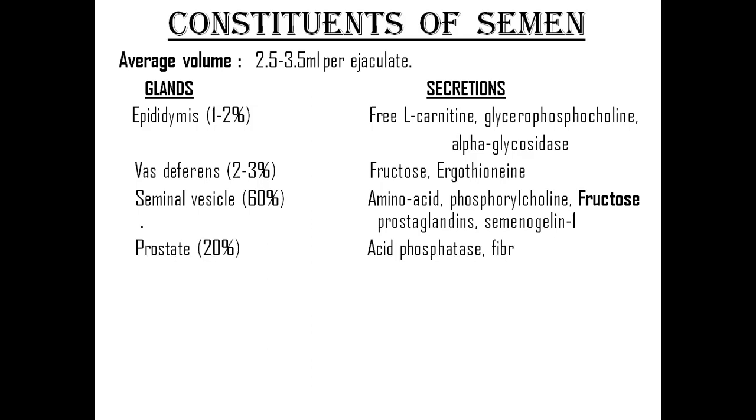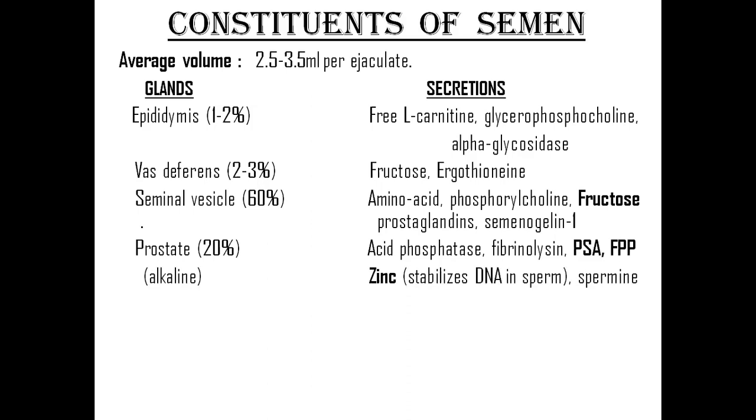Now, prostate contributes only 20% of the seminal fluid, but there are important constituents like FPP, that is the fertilization promoting peptide, which actually helps in the sperm capacitation in the female genital tract.